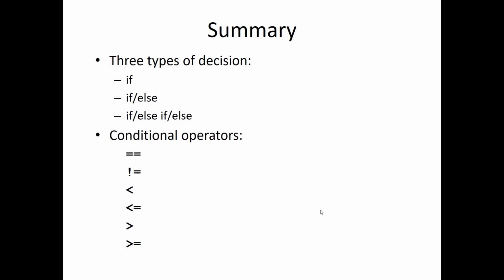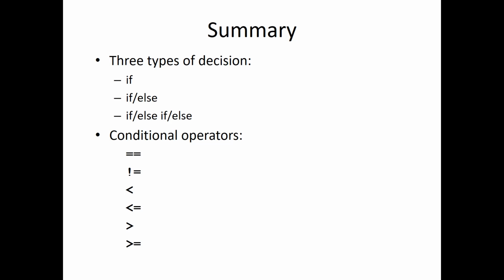Okay, so just to summarise, we've used 3 types of if statement. We've looked at if with a condition, we've looked at if with a condition and an else that gives us 2 paths through a program, and then we've looked at a new type of structure which allows us to put more than one condition into a program using if and multiple repeated else if statements, each with their own condition, and a final else if none of the conditions are true.